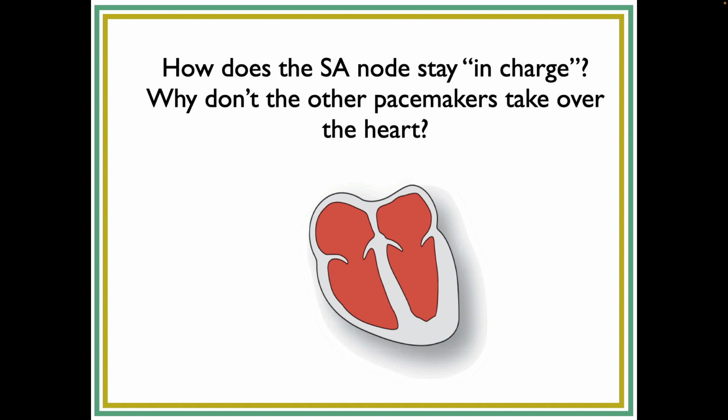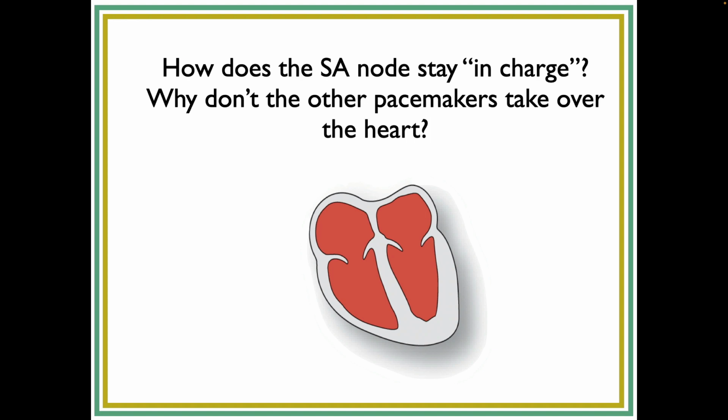In fact, many times if the SA node fails, the AV node takes over and becomes the pacemaker. But what's to prevent, probably all of us are sitting here and our SA nodes are controlling the heart. How come our AV nodes aren't saying, wait a minute, I want a piece of the action. I'm a pacemaker, I can do it too. How does the SA node keep it in control?